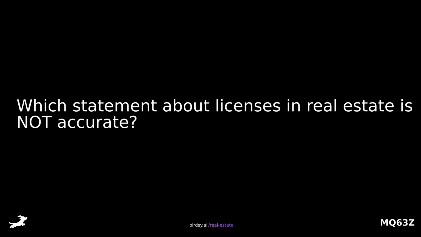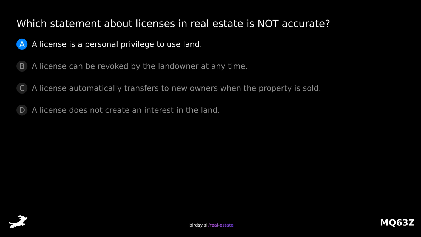Which statement about licenses in real estate is not accurate? Is it A, a license is a personal privilege to use land, B, a license can be revoked by the landowner at any time, C, a license automatically transfers to new owners when the property is sold, or D, a license does not create an interest in the land?